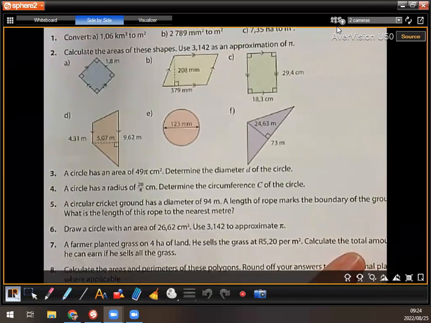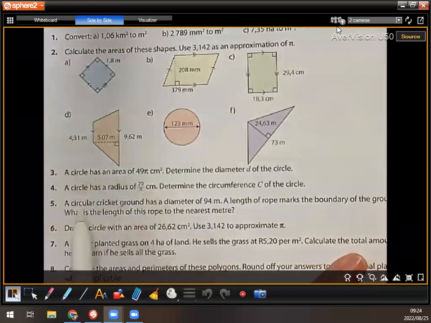3 and then 2 and 3. You can do 2 and 3 there.